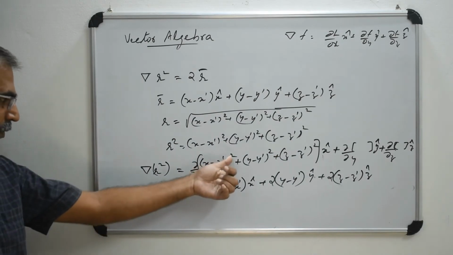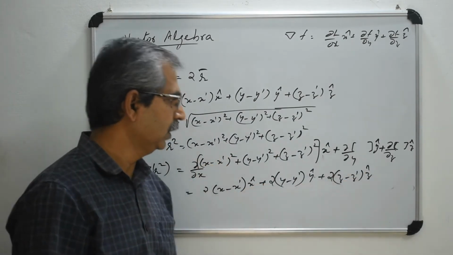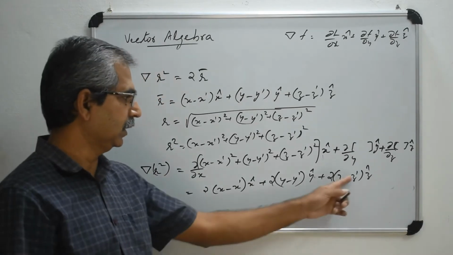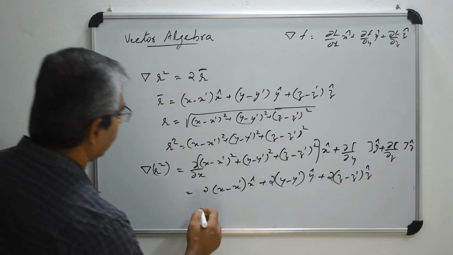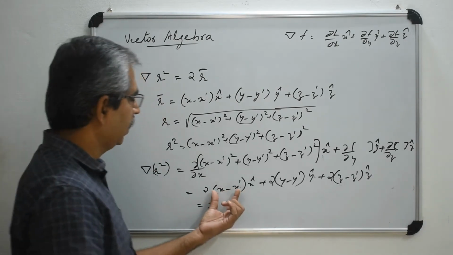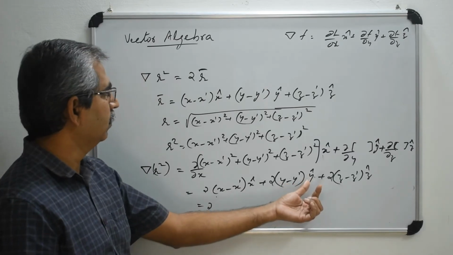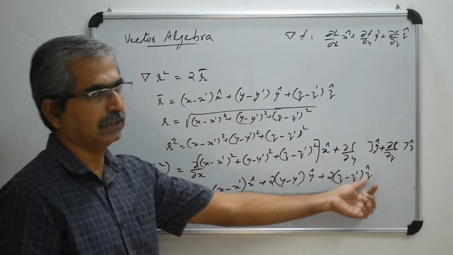Okay, so this is 2 into all these terms: x minus x dash into x cap plus y minus y dash into y cap plus z minus z dash into z cap.